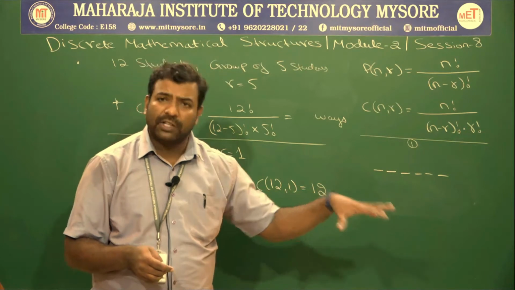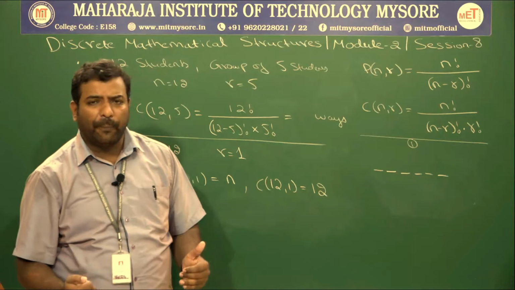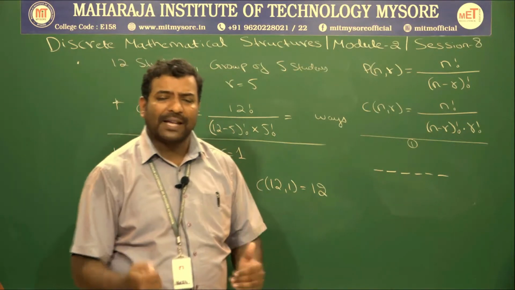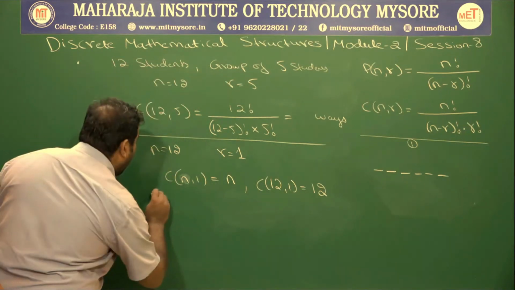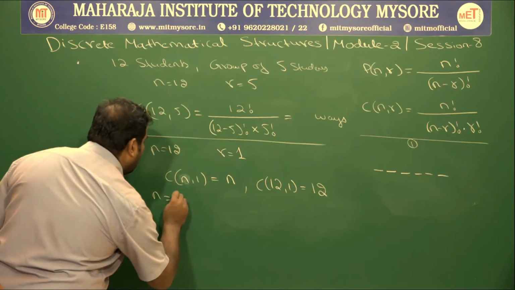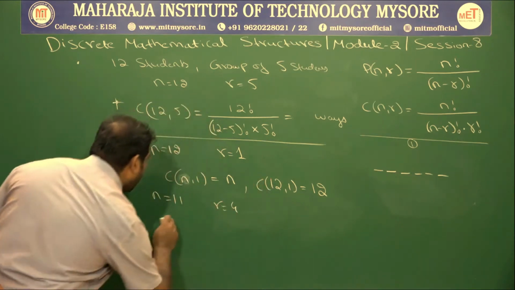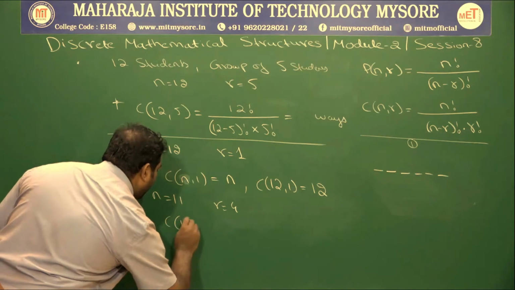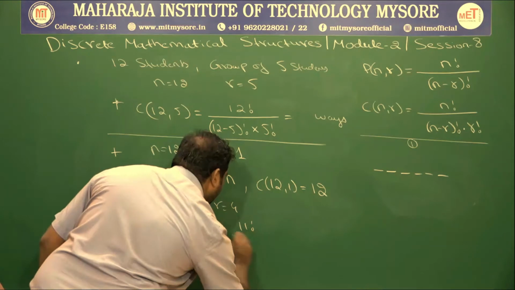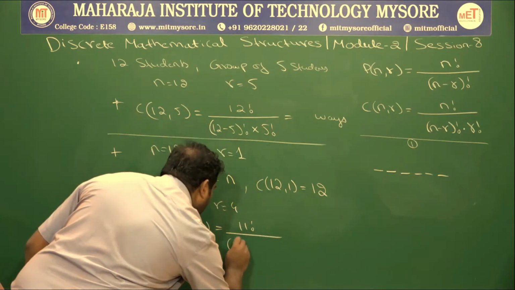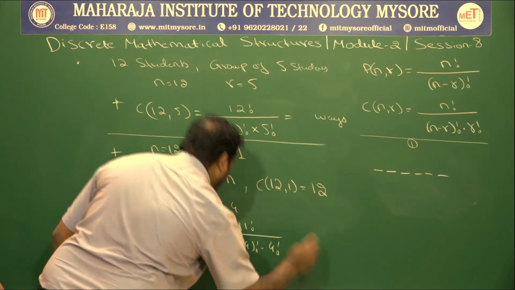Now it's going to be 11 students, because out of 12, one I have already made the group leader. Hence I am going to have n equals 11 and r equals 4, and I am going to have combination of 11 comma 4, which is equivalent to 11 factorial divided by 11 minus 4 factorial into 4 factorial.